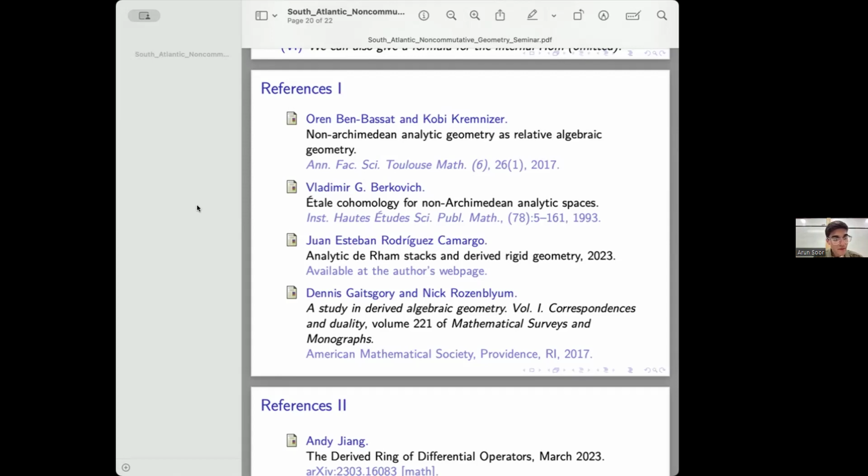Sometimes, I've seen the dagger completion viewed as a kind of smooth subalgebra of the rigid thing.